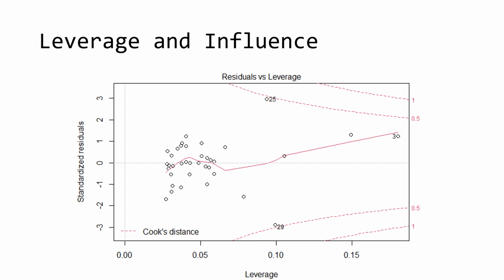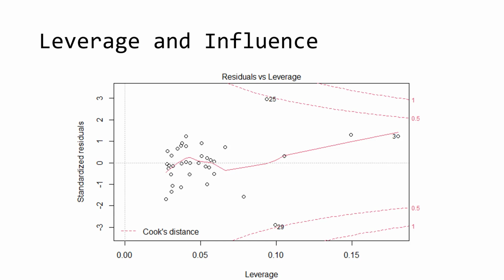One additional diagnostic worth discussing is a leverage plot. The least squares estimates are not resistant to big outliers, and they can have a disproportionate influence on the result of the regression. The leverage plot is created by plotting a data point's leverage, which is its distance from the rest of the data, and also its residual value. The combination of a large leverage and a large residual means a large influence.